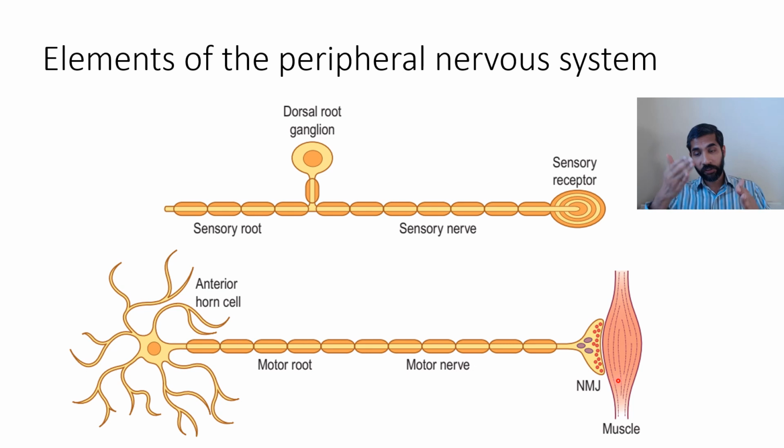And the junction between the muscle and the nerve is called the neuromuscular junction. Of course, the motor neurons are myelinated, and because of the myelination, the conduction speed across the motor neuron is vastly increased. The sensory neurons are also myelinated, and the sensory nerve ends in a sensory receptor.